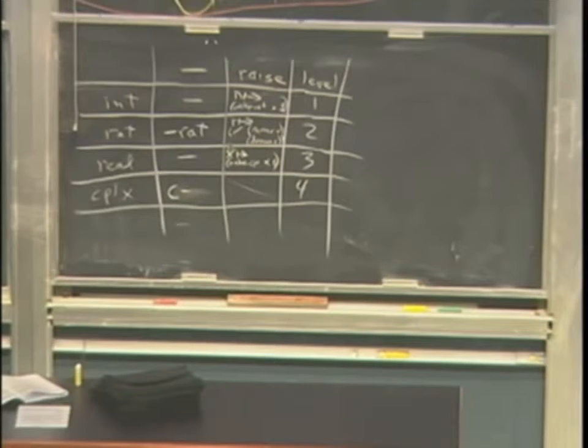Okay, questions about that? Yeah. Okay, good question. His question is, what if instead of just raising one level at a time, I make procedures for every pair of types that raise the smaller one to the higher one?